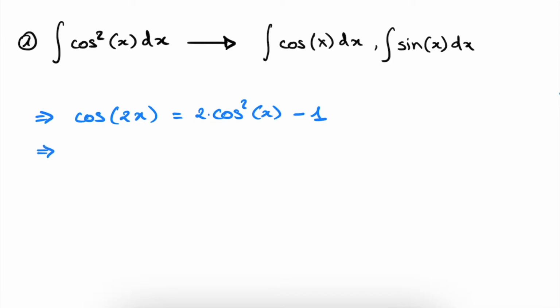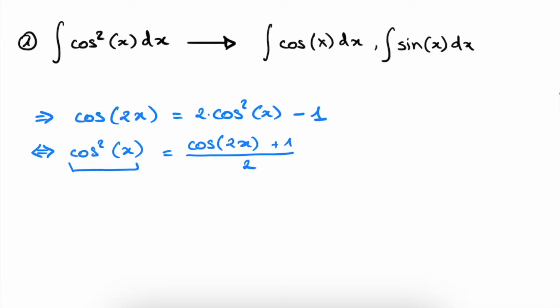We can rearrange this formula to get that the cosine squared of x is equal to the cosine of 2 times x plus 1 divided by 2. And this is exactly a formula that we can use in this integral, because we reduce the cosine squared of x, of which we do not know the integral, to a function with the cosine of x, well, 2x in this case, but this can be easily resolved by using substitution.